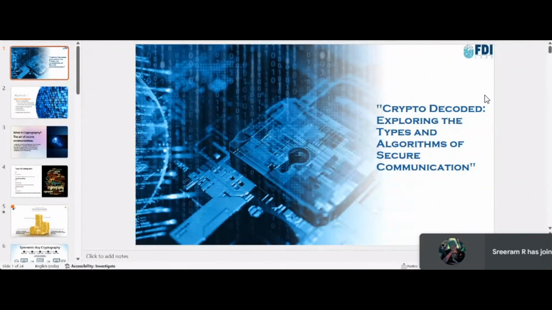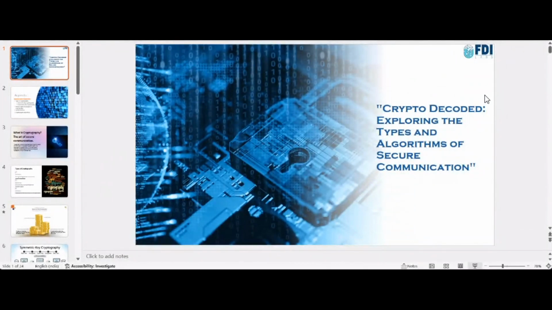So, what is cryptography? In Greek, crypto means hiding or secret, and graphy means writing. So altogether, cryptography is writing in secret, or hiding it. Cryptography is the art and science of securing communication and information.